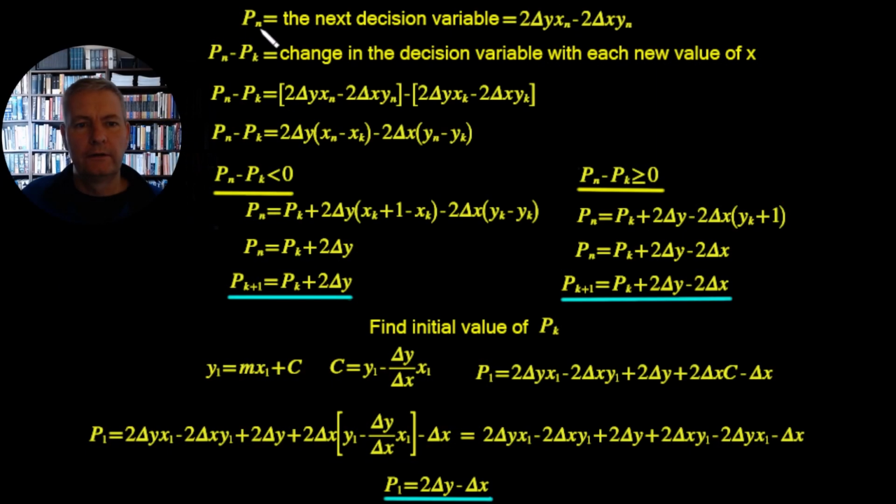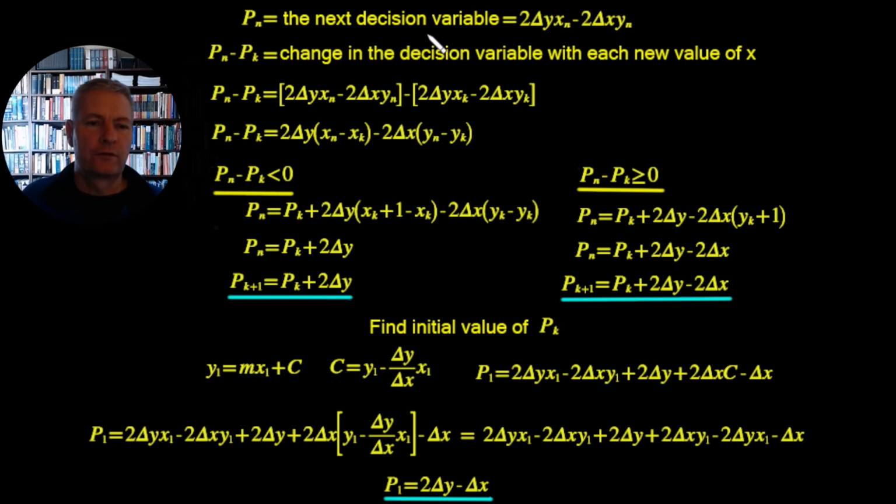So we want to find the next decision variable. We can call it Pn, n for next. So the next decision variable is going to be 2 delta y times xn, which is the next x value, minus 2 delta x times yn, which is the next y value. Now how do we get the next value?